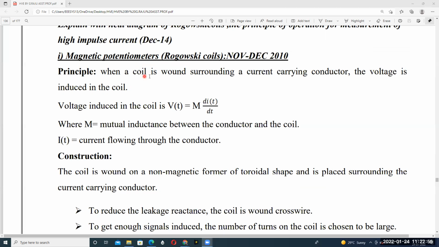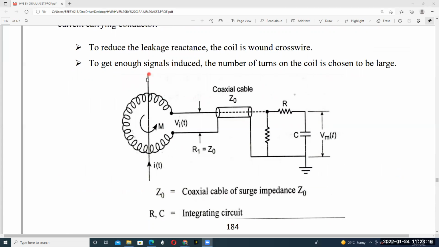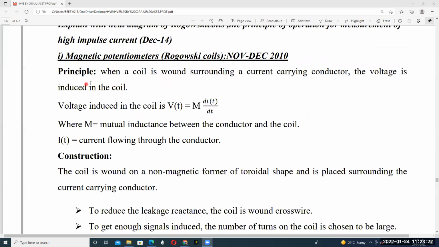Here, when a coil is wound surrounding a current carrying conductor, a voltage is induced in the coil. The coil is surrounded by the current flowing through the conductor, so some amount of EMF is induced, called V(t).